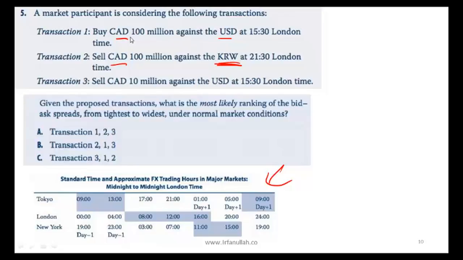So clearly the bid-ask spread for USD and Canadian dollar is going to be less because that currency pair is much more actively traded. So this would be probably at 3. So the question is most likely ranking of the bid-ask spreads from tightest to widest. So between these two we have tighter.